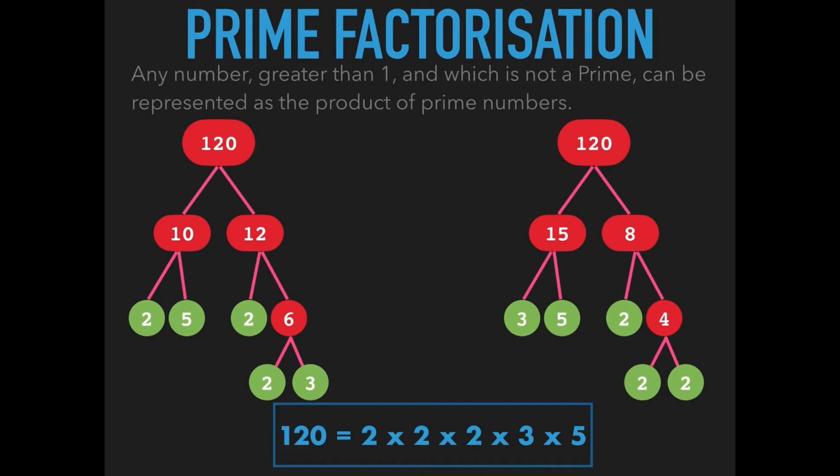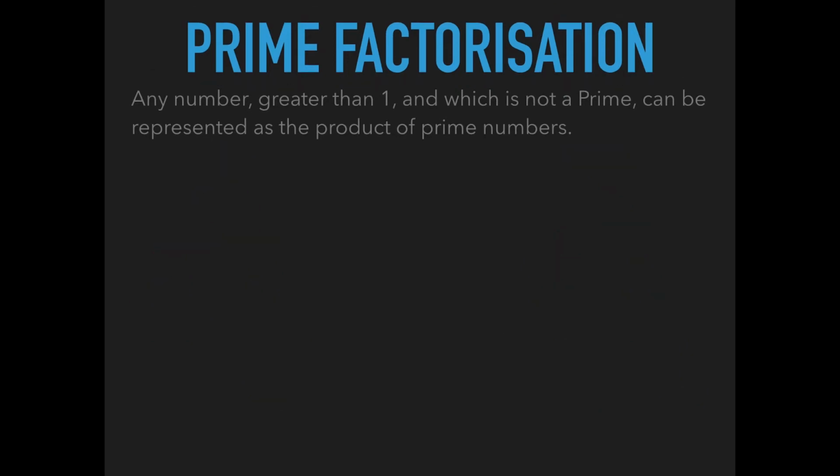Now there is an alternate method to find the prime factorization of any number which is not a prime number and it is greater than 1. If we take the same number 120 and we start with the smallest prime number and try to divide 120.